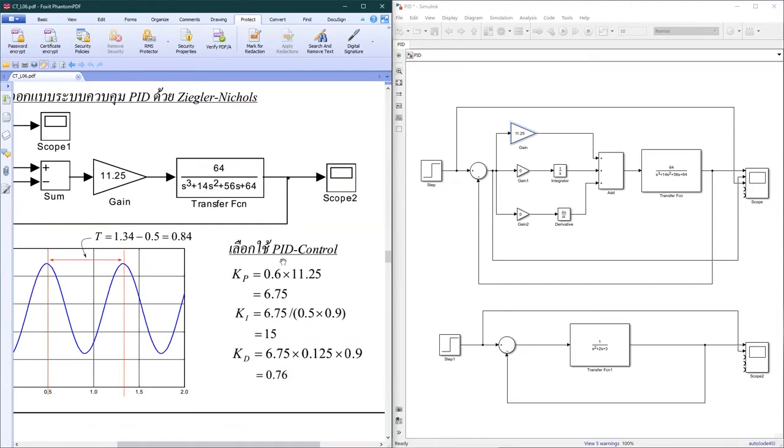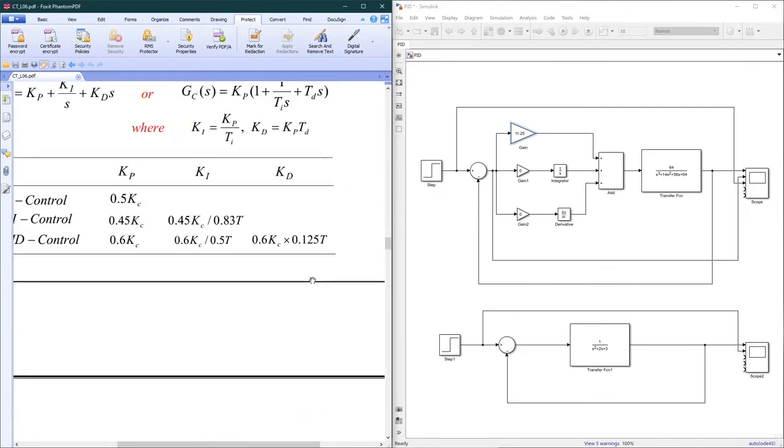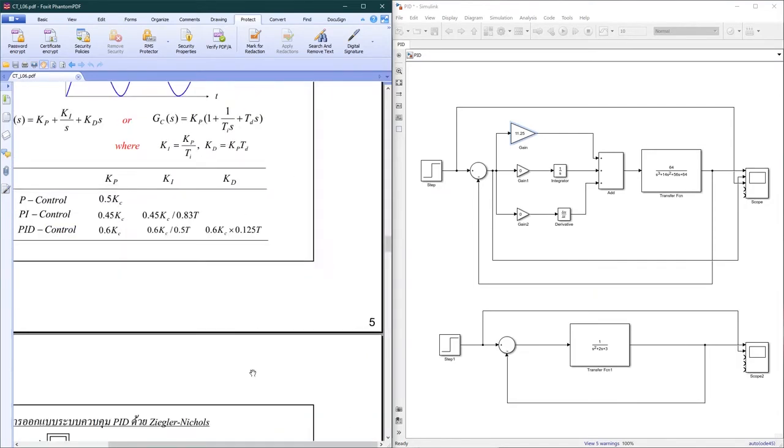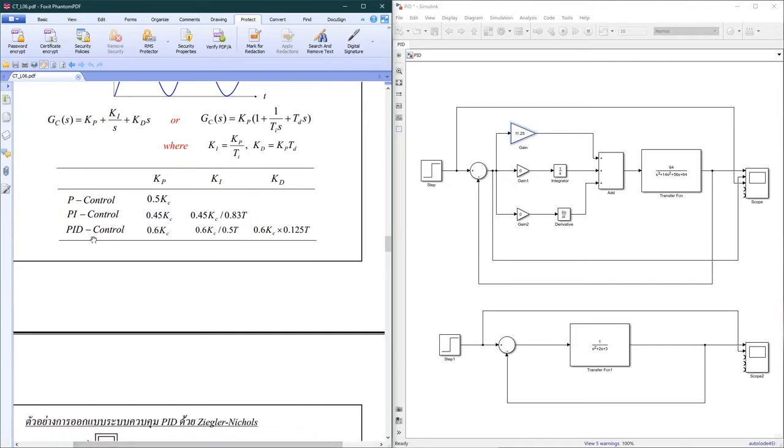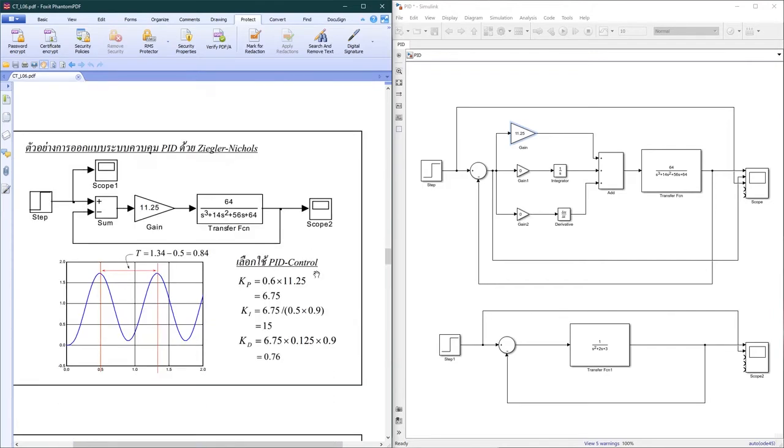Okay, suppose that we choose the PID control formula. Use this formula: 0.6 Kc as Kp, 0.6 Kc divided by 0.5 T as Ki, and 0.6 Kc multiplied by 0.25 T as Kd. After we calculate, we will have Kp, Ki, and Kd like this.